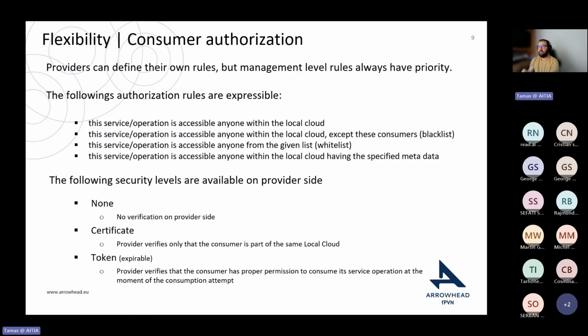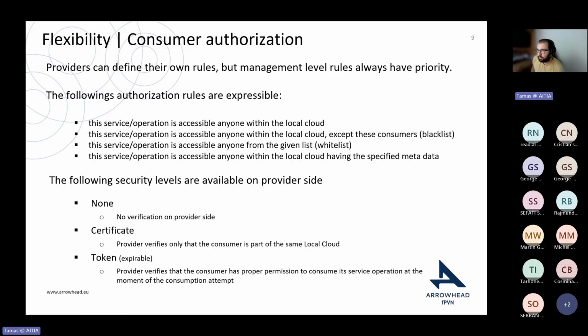All right, what are the changes in the authorization procedures? So first of all, in version 4, only the operators with management permissions were able to create authorization rules for the consumers and providers.